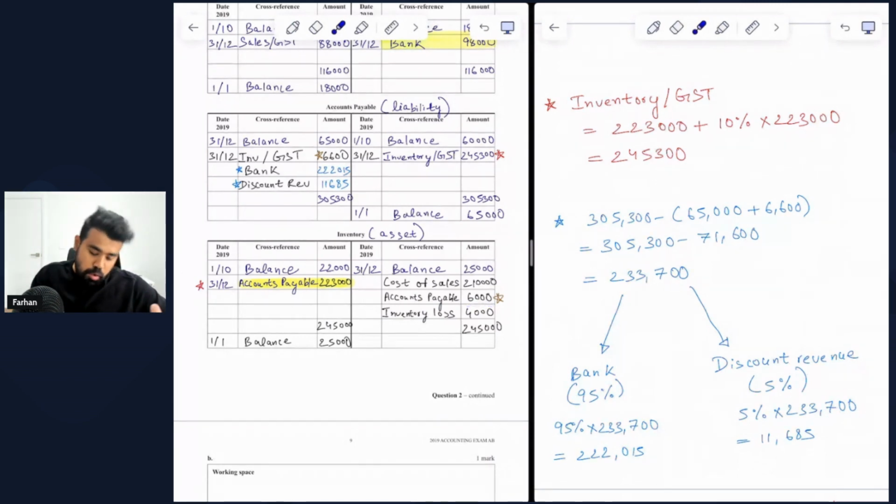So the yellow highlighted thing here on the debit side is the missing figure that we had to calculate, which refers to the additional purchases of inventory for the financial period ending 31st of December 2019. So how do we find that? If you were to not have this in place, how would you find the missing amount?